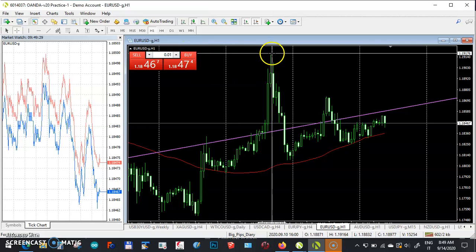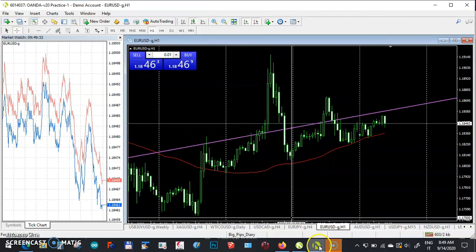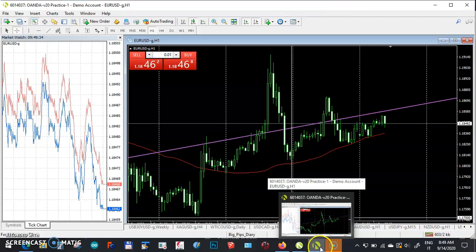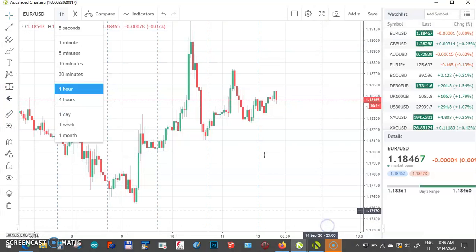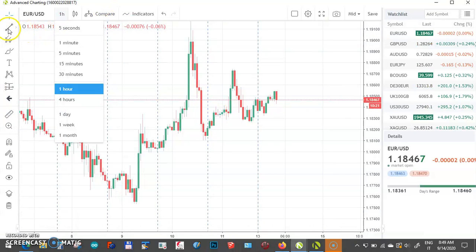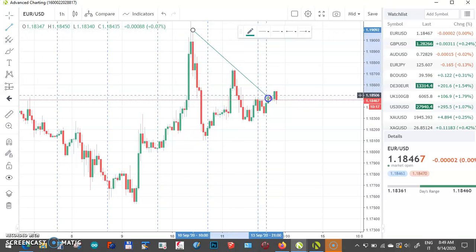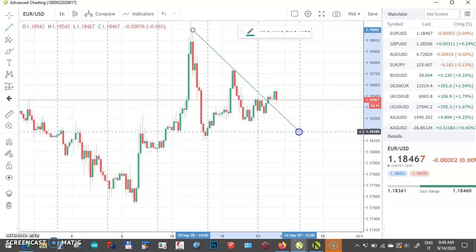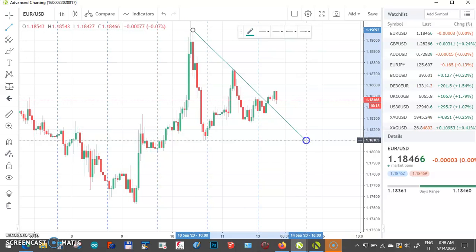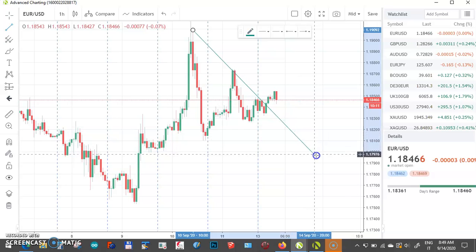There is a line here. We can see this line in this chart too, and you can see the line. If you draw with the week, there is a line in this way.